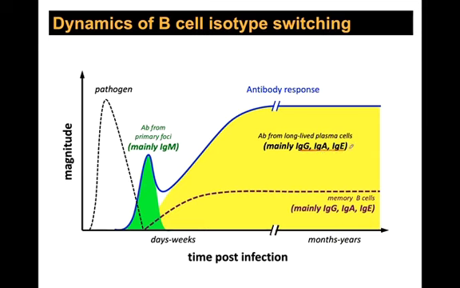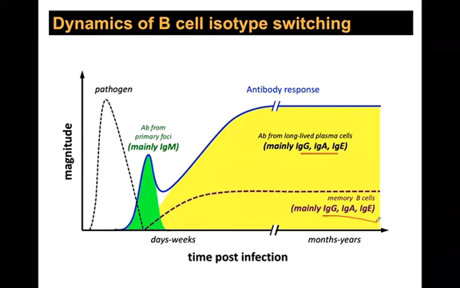That's true for both the long-lived plasma cells and the memory B cells, because they're both isotype switching. As you're tailoring this response, even for the memory B cells, you want them to be pre-programmed to make the right kind of antibody should you get infected again.